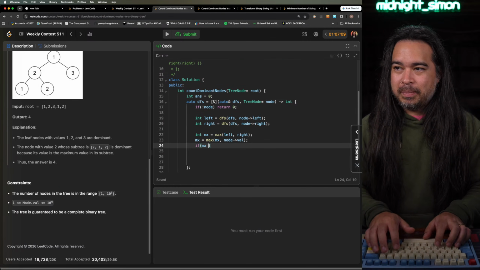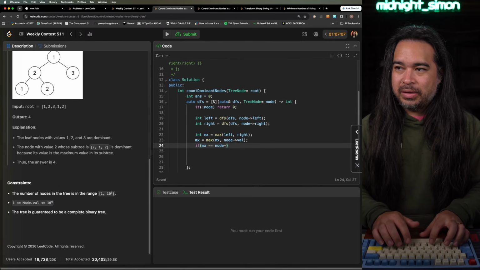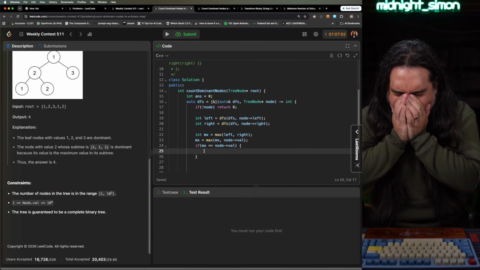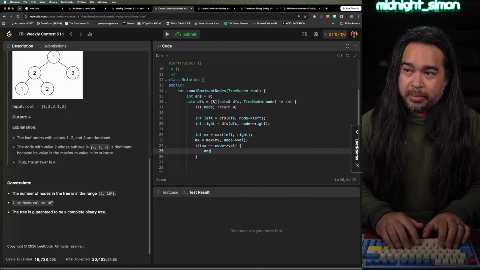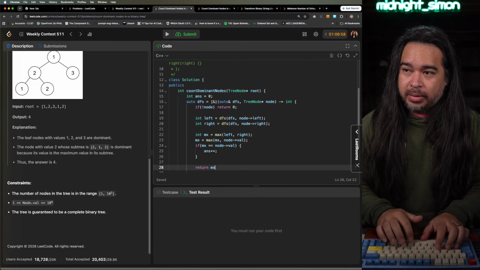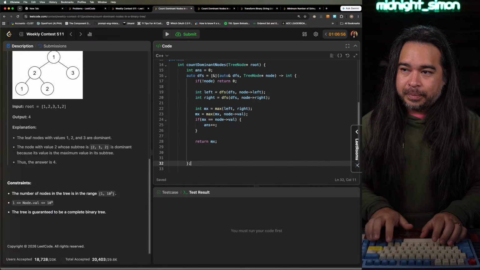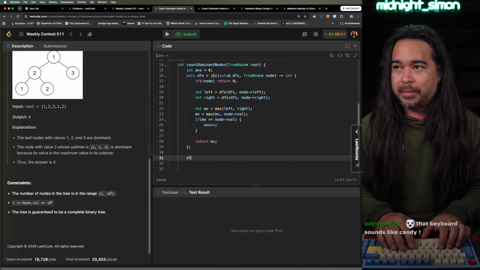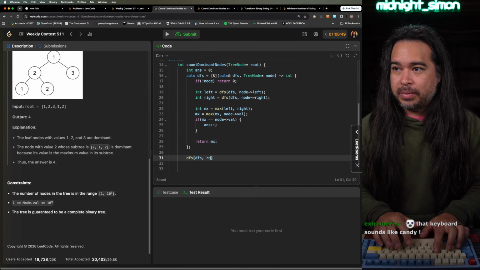So if this maximum is equal to the node value, excuse me, then let's increment our answer, and then here we're going to return that maximum value. And I think that's it. I just call the DFS on roots and return the answer.